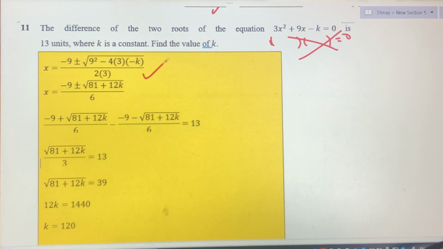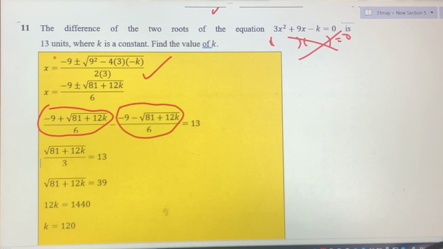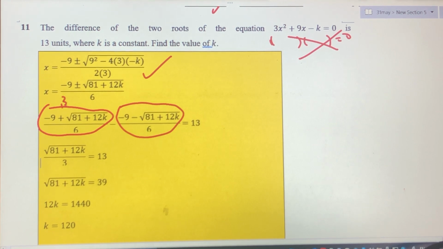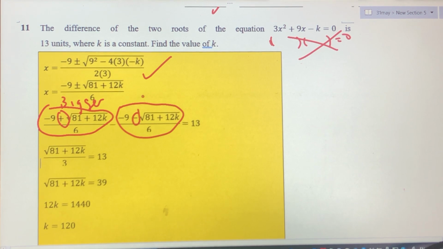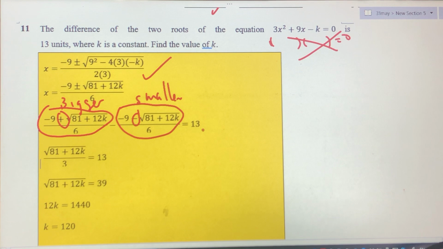Why? Because there are two different roots inside. When we talk about the difference being positive, we take the bigger root, the one with the plus, minus the smaller. That will give you a positive number. If this is a negative number, then of course you take the smaller minus the bigger.